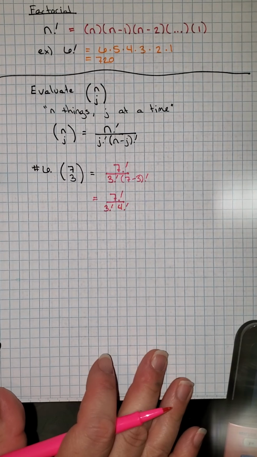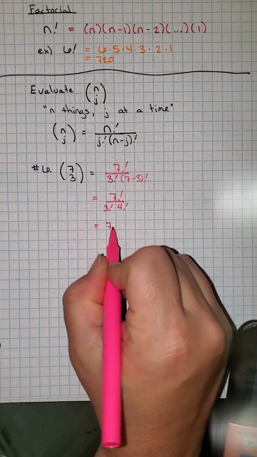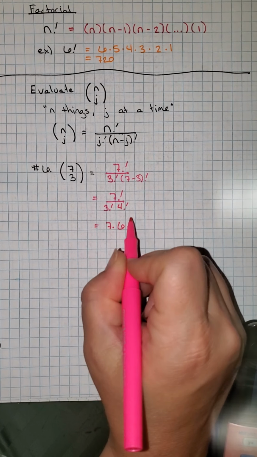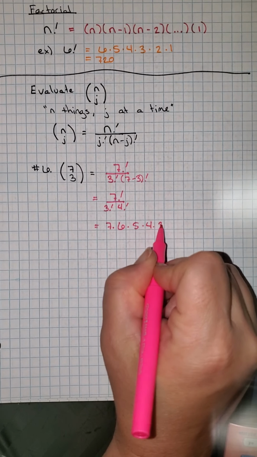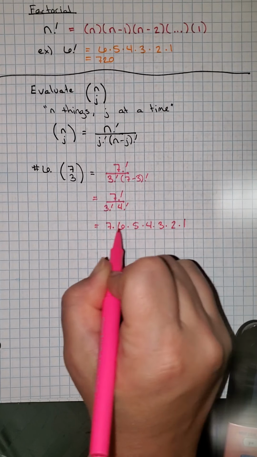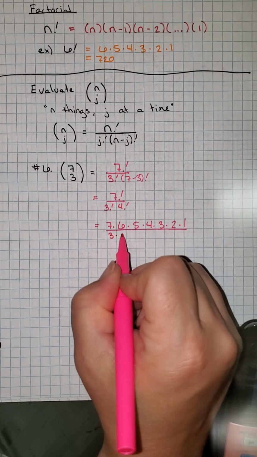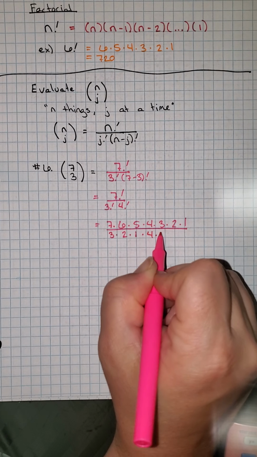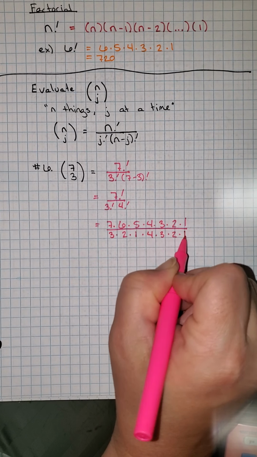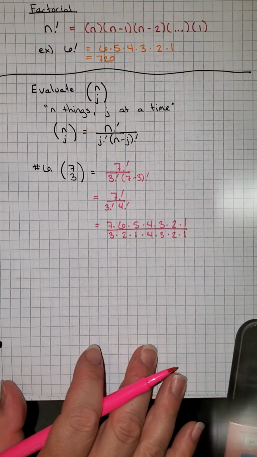One way you can do this is by writing it out, and things will always cross out. So 7 factorial, we have 7, 6, 5, 4, 3, 2, and 1. With 3 factorial, we have 3, 2, 1. 4 factorial, we have 4, 3, 2, 1. See how all these line up? Not a coincidence.